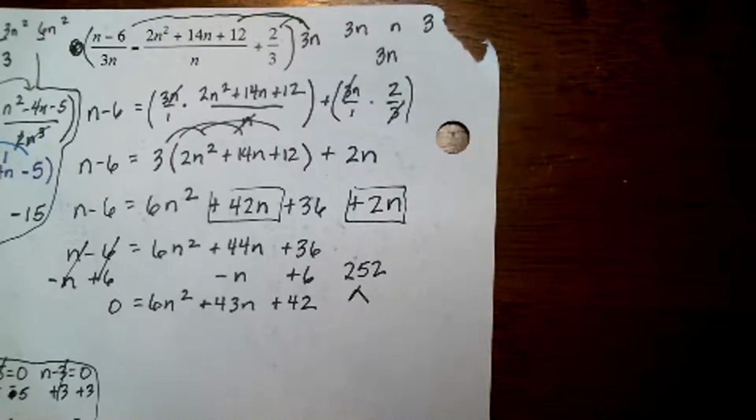If you remember, the quadratic formula works on all trinomials. Factoring can kind of present some problems. Let's see if we can try to factor it first, though, to save some time. Give me two numbers in the chat box that will multiply to be 252 and add to be 43.